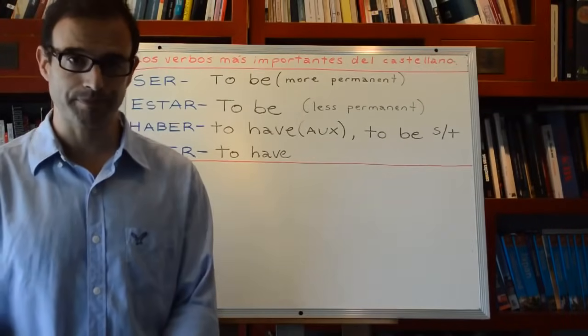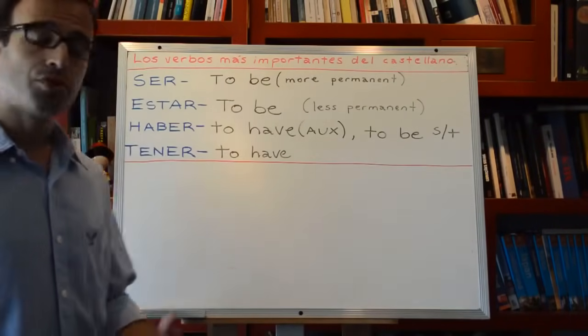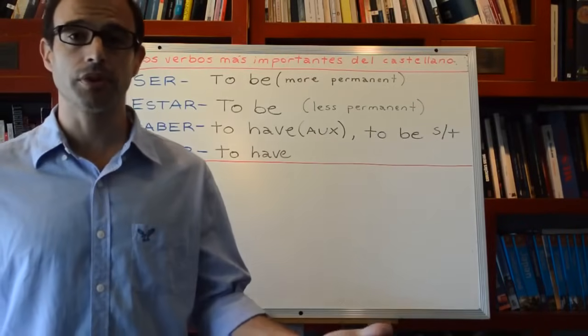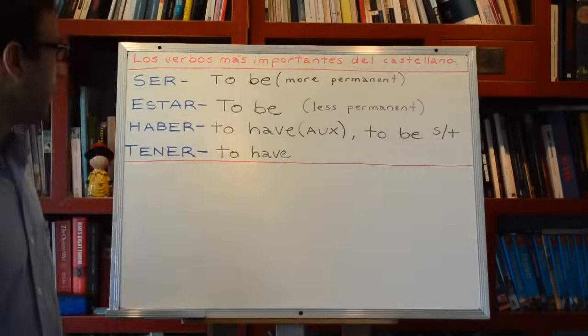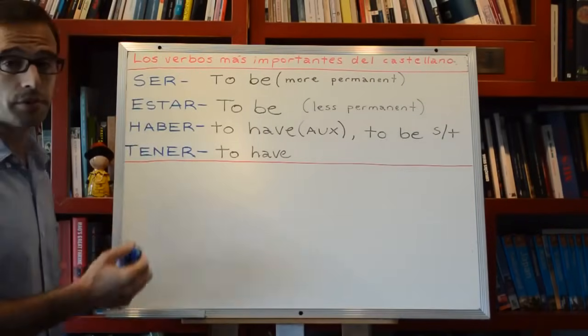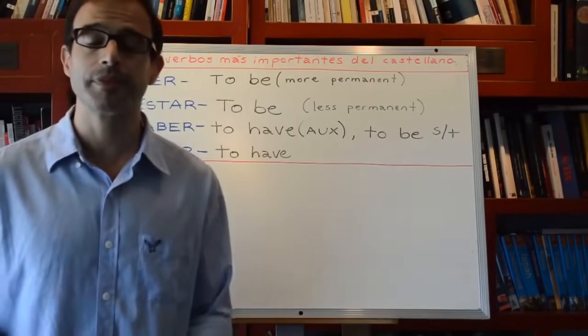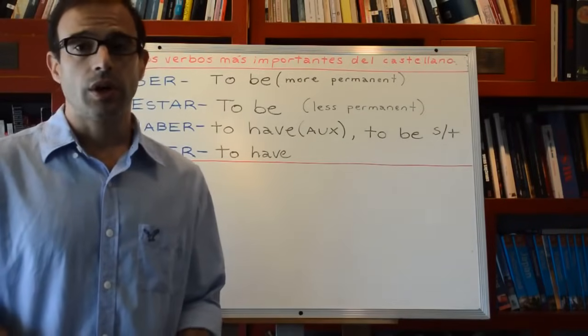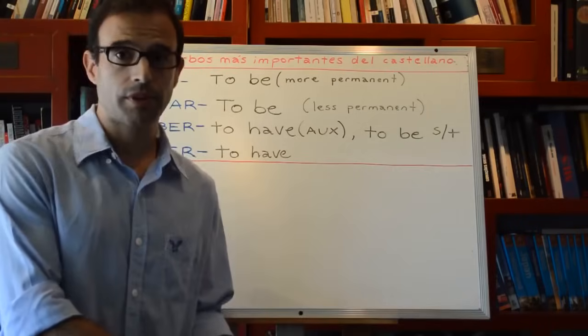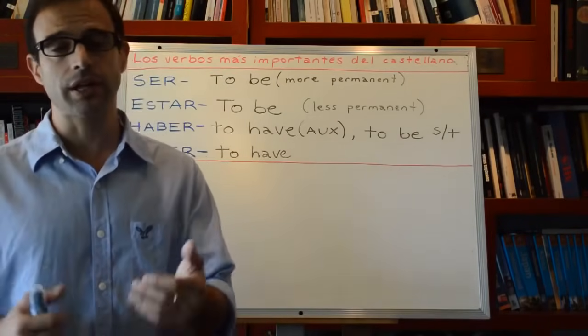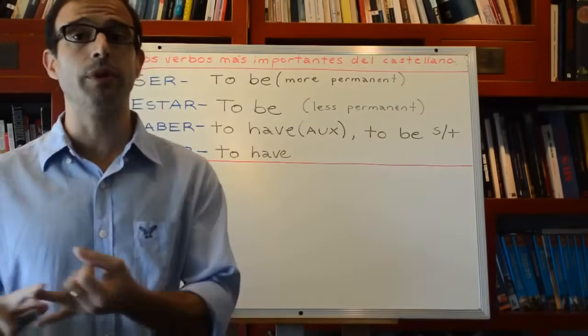As usual, the most important verbs in our language are irregular. And that's the case with these 4 verbs. These are irregular verbs. In Spanish, we have many more regular verbs than in English. So English has regular verbs and irregular verbs.